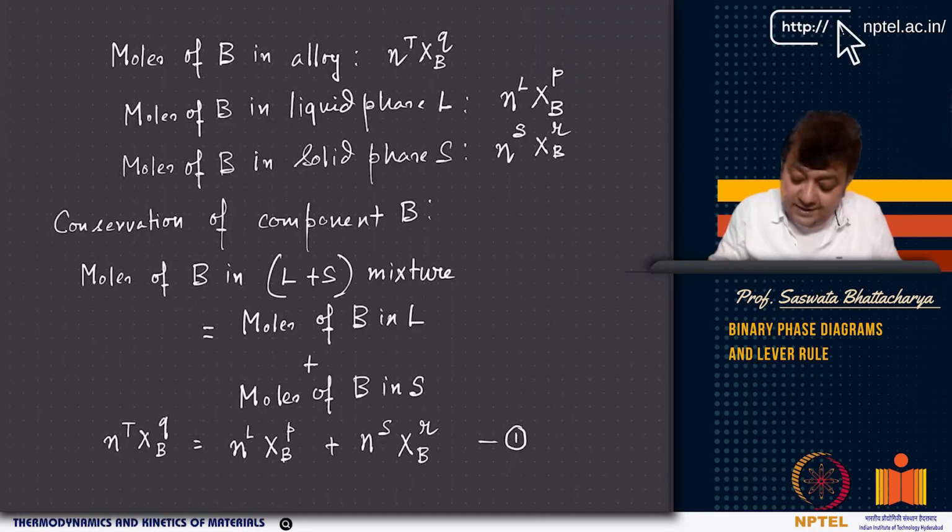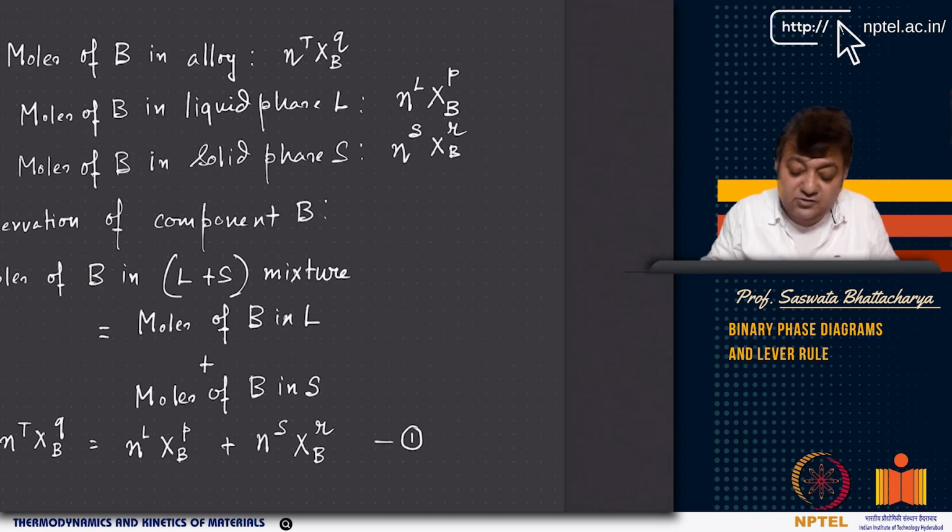NS is the number of moles of solid and NL is the number of moles of liquid, multiplied with the equilibrium compositions: XBP is the equilibrium composition of the liquid, and XBR is that of the solid at temperature TQ. This gives the number of moles of B in the solid phase and in the liquid phase, and together that is the total number of moles of B in the solution.